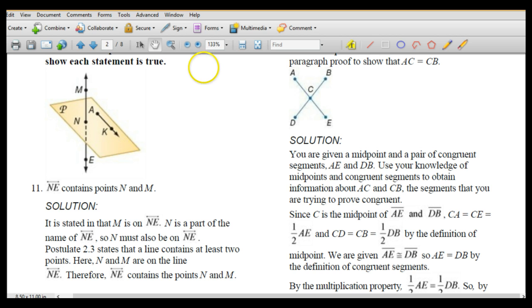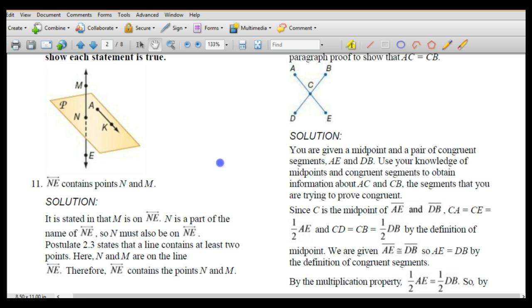Likewise, we can say that CD equals CB, which is half of the entire thing here, DB. And this is all by the definition of a midpoint. So we're giving a reason why we can say this, because that's what a midpoint does. That's what a midpoint is. It splits a segment into two congruent segments which are equal to half of the length of the entire segment.